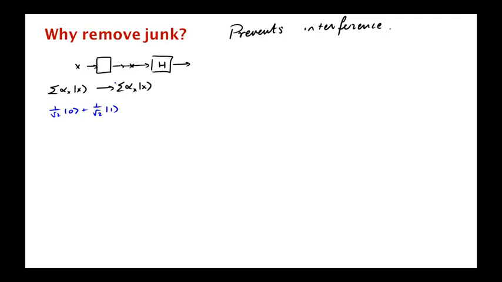The output of the first circuit is also the plus state, and when this is fed into the Hadamard, out pops the 0 state. So if we were to measure this output, we'll see 0 with probability 1. Okay, so this is what we wanted to happen.